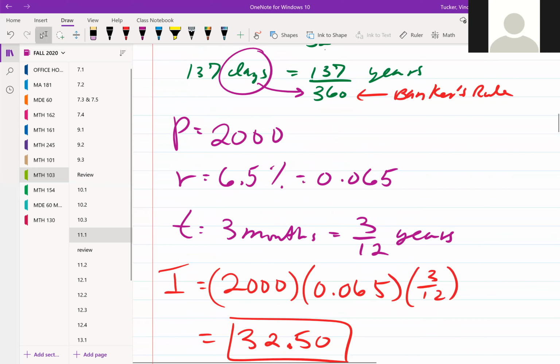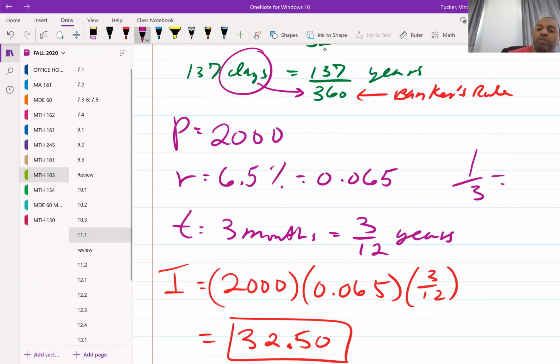I do have a really quick question. Mm-hmm. Will we always be required to convert months or anything into a fraction, or can we use decimals? You should be able to use decimals. Decimals should be fine. Now you have to be careful though, because if you have 1/3 of a year, that's a run-on decimal, so you don't want to write 0.3 and use that because you won't get the most accurate answer.